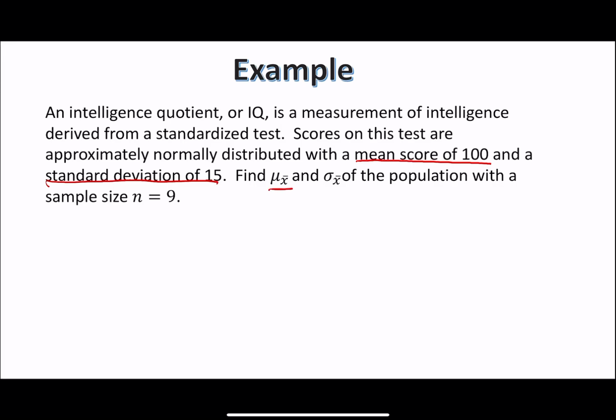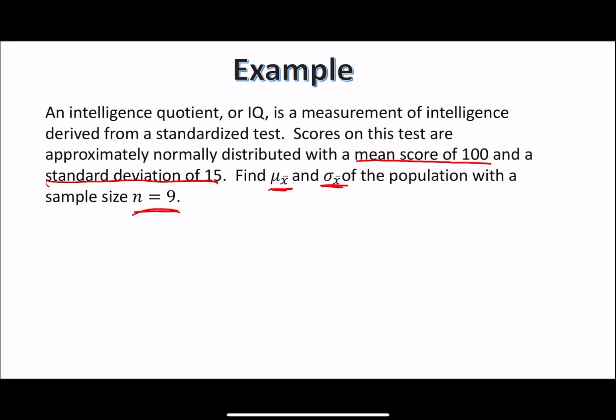We're going to find mu sub x bar and sigma sub x bar with a sample size n equals 9. So just find those two things, using what we just did with the last problem. So go ahead and pause. Our sample size is 9.